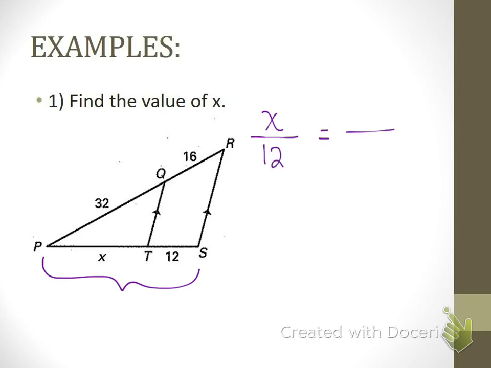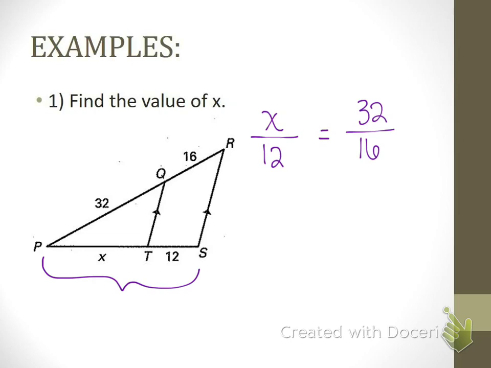They belong in a ratio together. When we go to do the other side, we have to make sure we're being consistent, meaning that we started on the left by point P here when we started with X. So what do you think has to go in the top of our other ratio? 32. The 32 over 16.